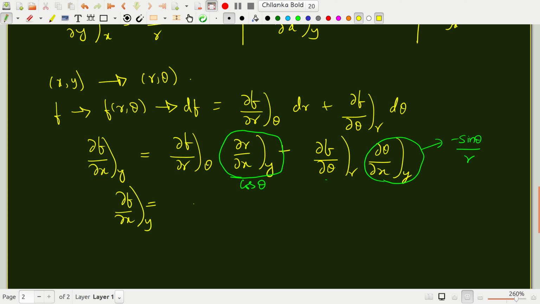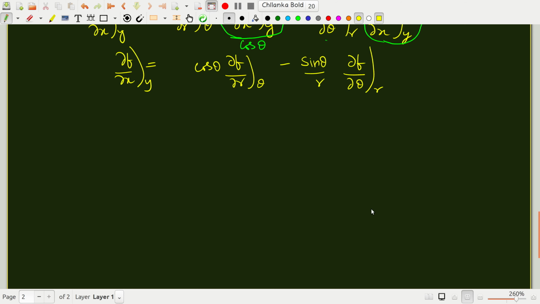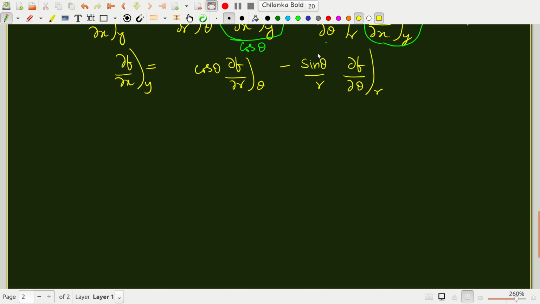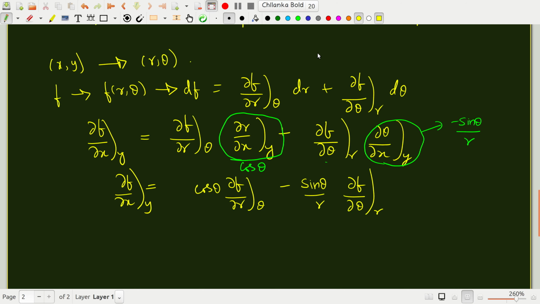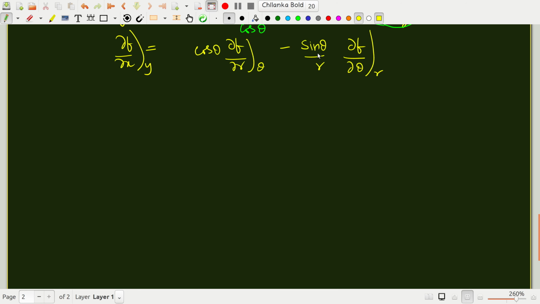This is nothing but cos theta partial f partial r at constant theta minus sine theta by r partial f partial theta at constant r. This is something that we just wrote from the total differential and based on what the derivatives of r and theta with respect to x are.